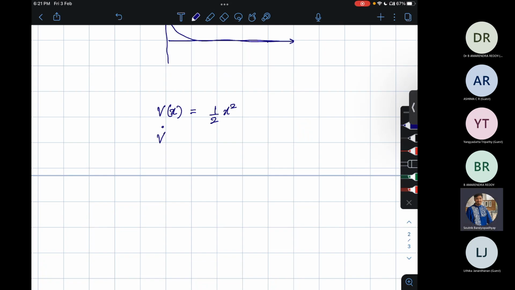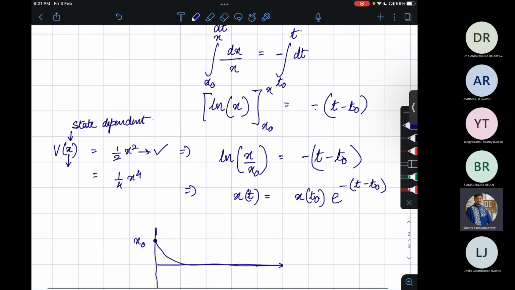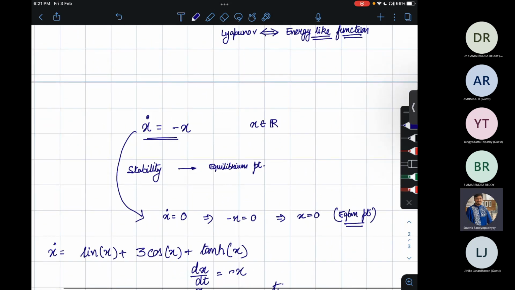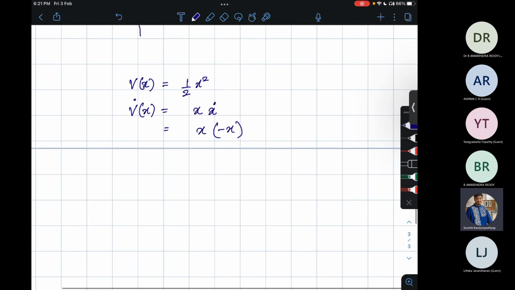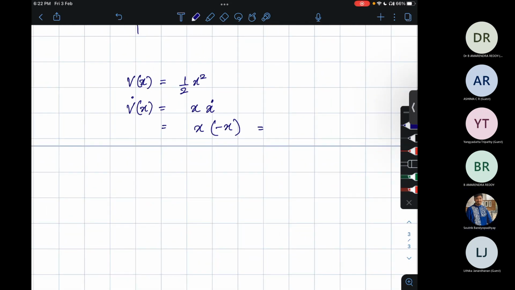You can differentiate it with respect to time. It would be x into x dot, and substituting this dynamics over here, it is minus x square.